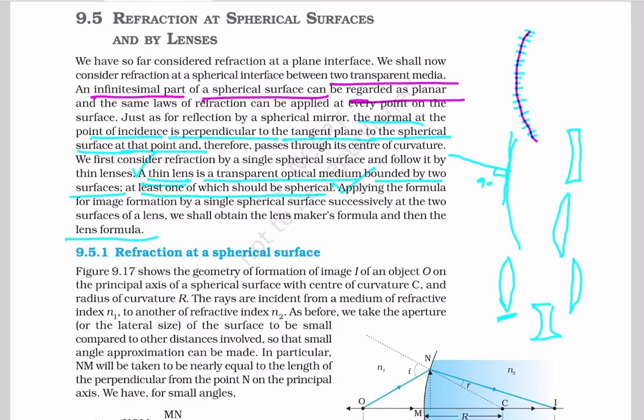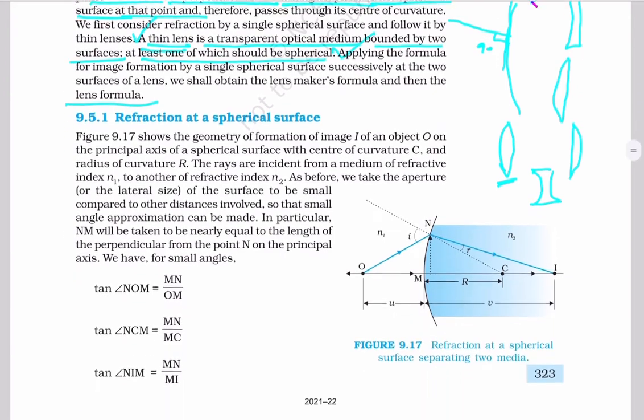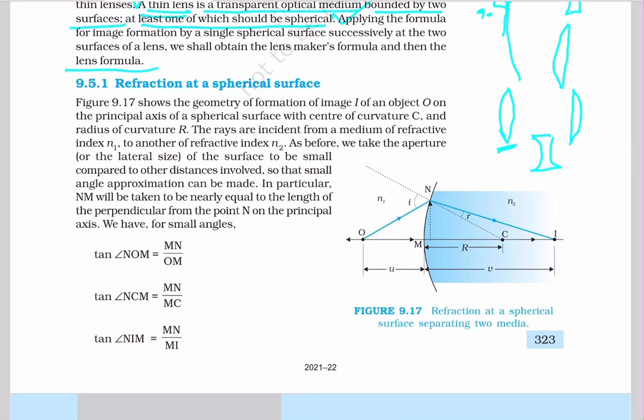Now we'll take refraction at a spherical surface. In figure 9.17, you can see that this is a spherical surface, C is the center of curvature, R is the radius of curvature, N1 is the refractive index of this medium, and N2 is the refractive index of the spherical surface.